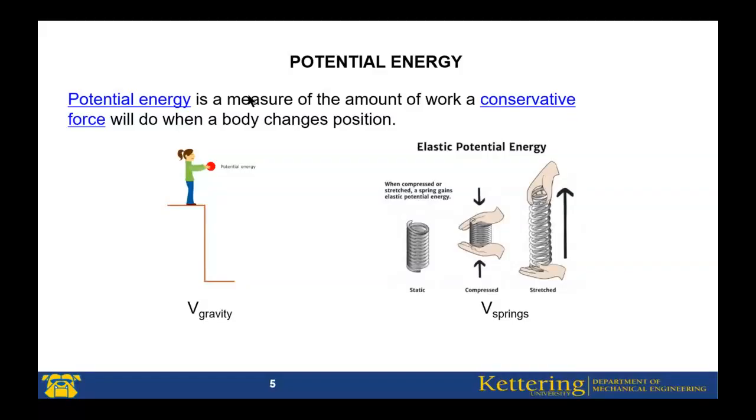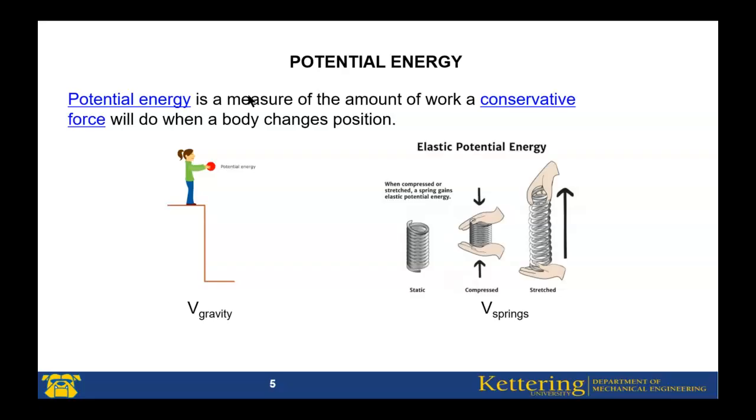Okay? Now, what you learned before, I think that most of you know about potential energy. Potential energy is the measurement of the work of a conservative force. A non-conservative force, such as friction, cannot have a potential energy.